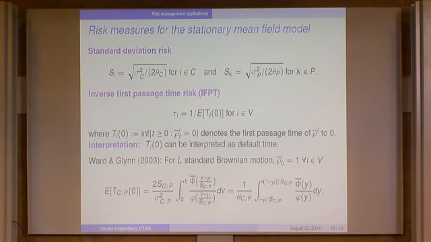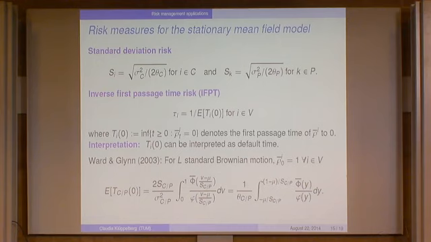For the standard deviation risk, you can just calculate the standard deviation. It's known for 100 years or so, I guess. You can write it down like that, and you see it involves the variance of the volatility of the market, but also the friction parameter, which explains that you can play with these two.